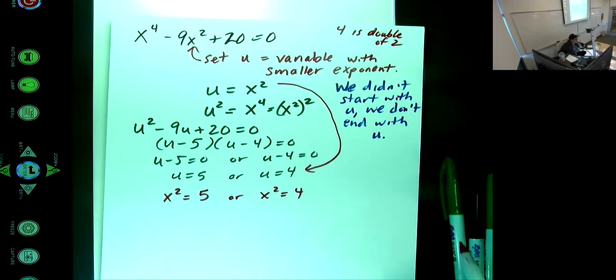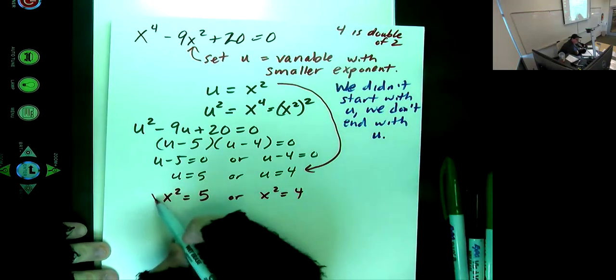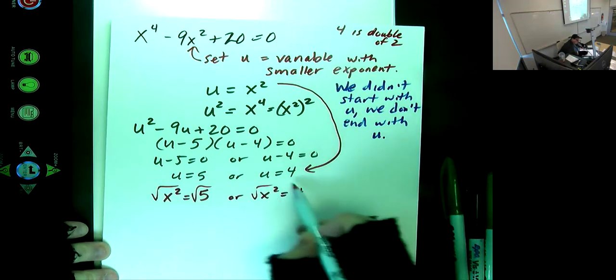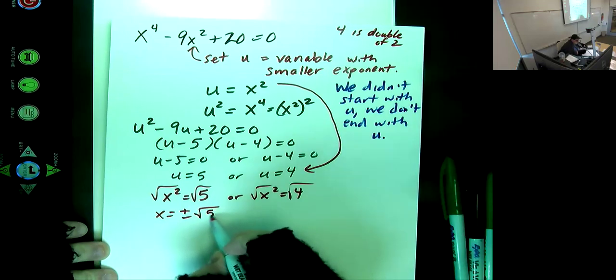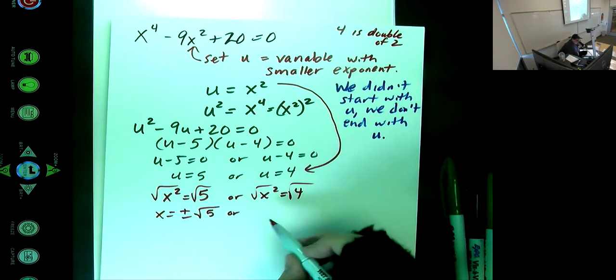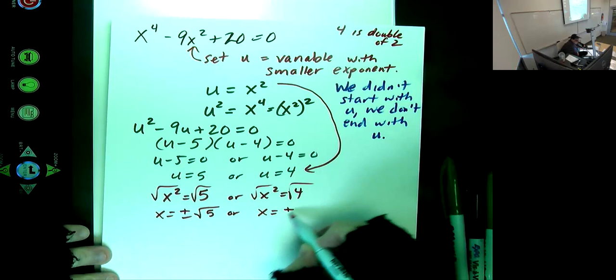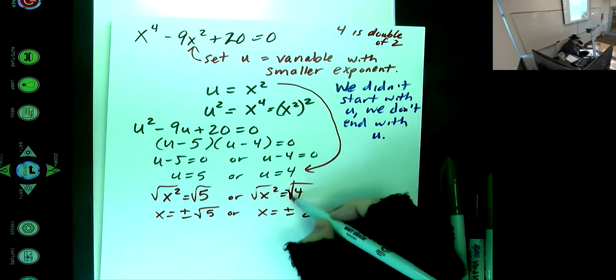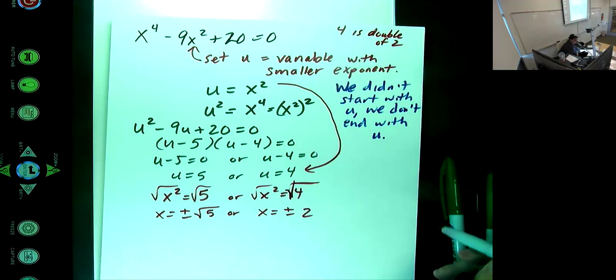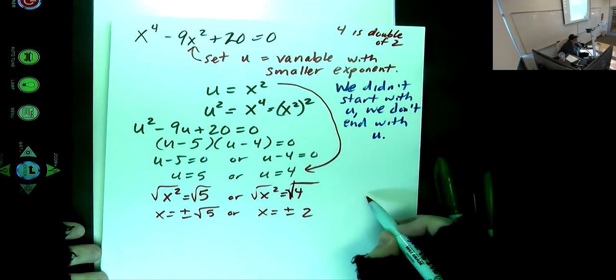Now, this is clearly an extract roots thing. x equals plus or minus square root of 5, or x equals plus or minus 2. How many total answers?